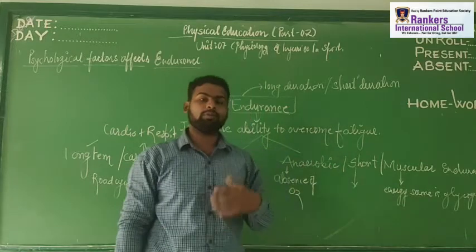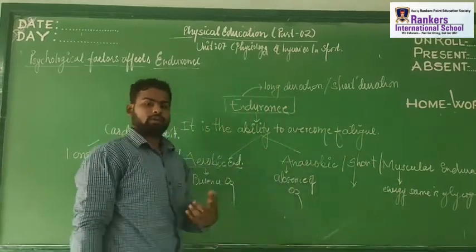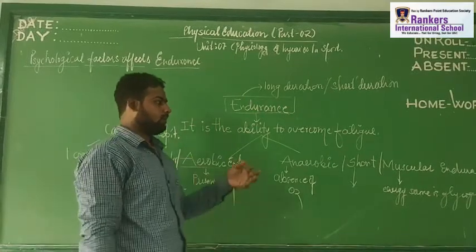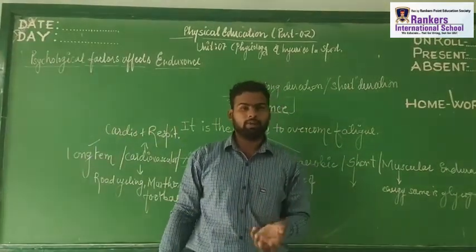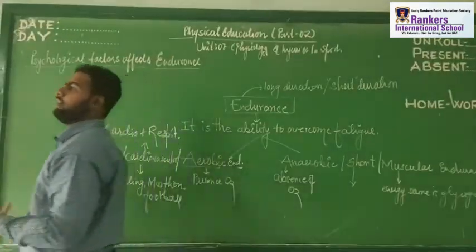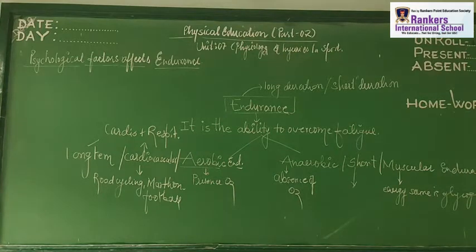Why muscular endurance? Because the energy being used here is glycogen. Why glycogen? Because when we take in a lot of carbohydrate, these carbohydrates are deposited in our body in the form of glycogen. So you will use it at that particular time, right?